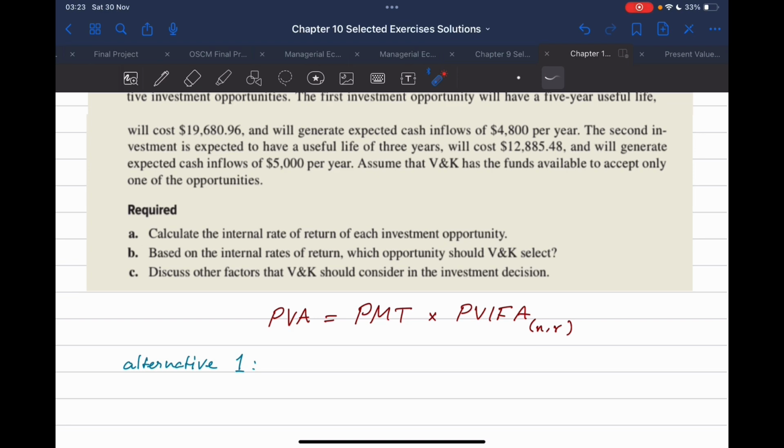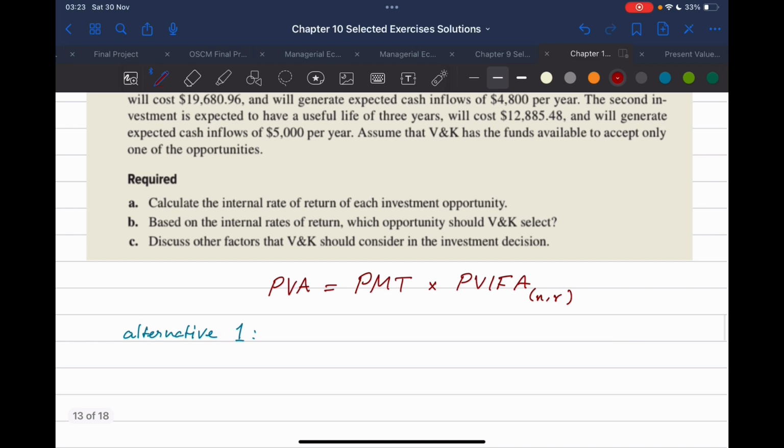So just to be on the same page, I'm going to rearrange the formula here. Present value of annuity over the PMT should give me the present value interest factor for n number of years and r rate of return.